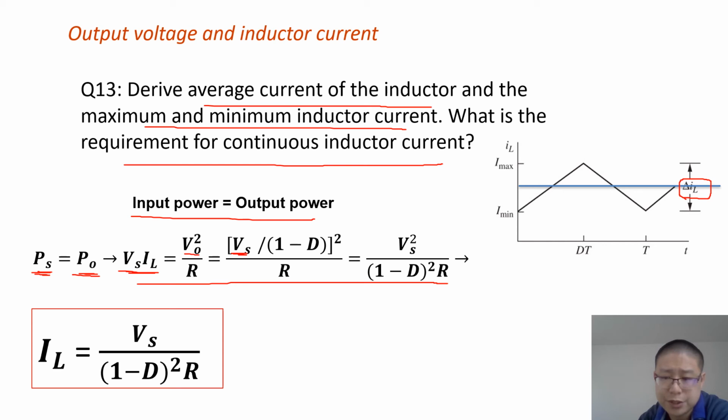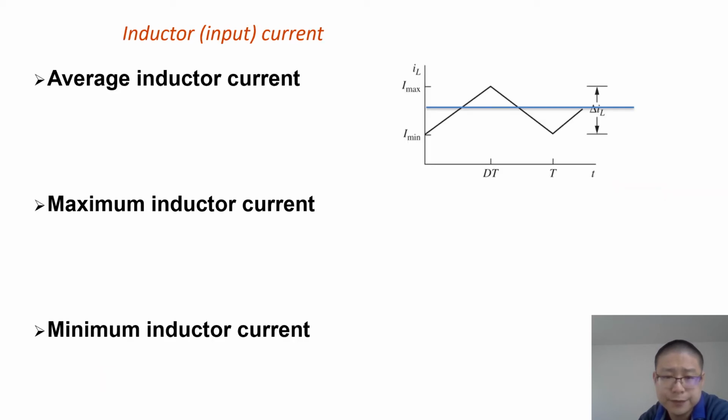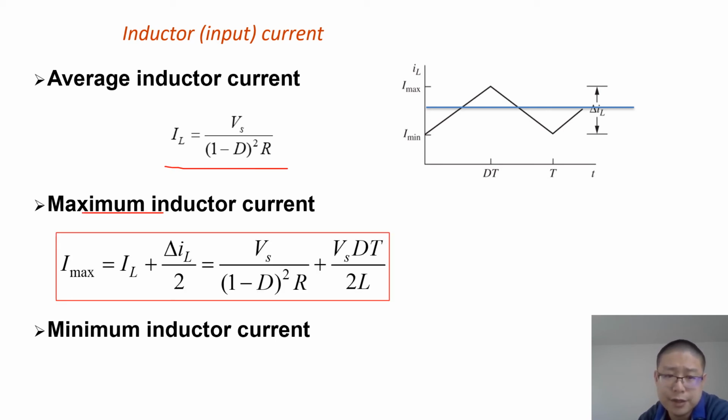This is the expression for IL. Once we obtain the expression for average inductor current, we can calculate the maximum inductor current by adding half of delta IL.